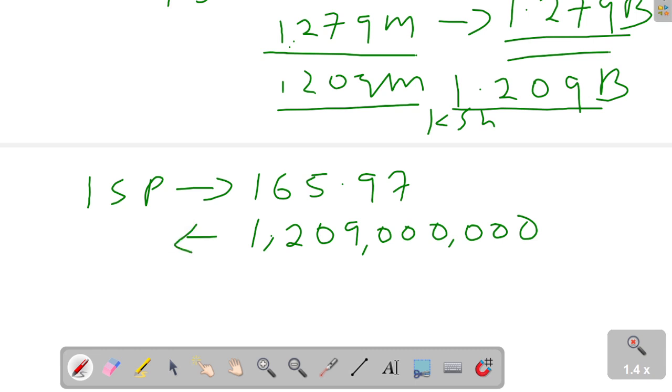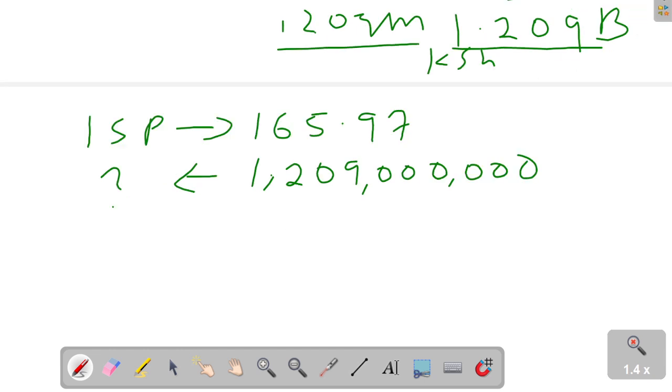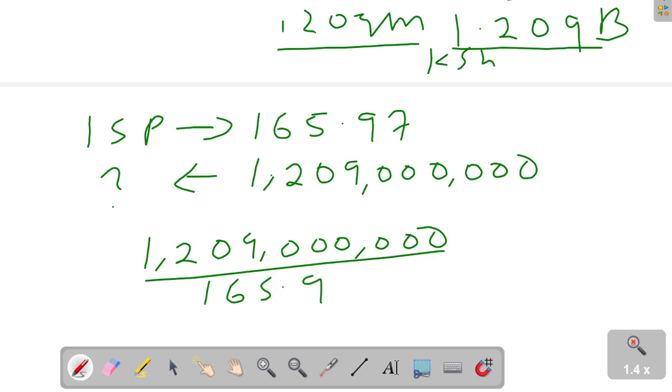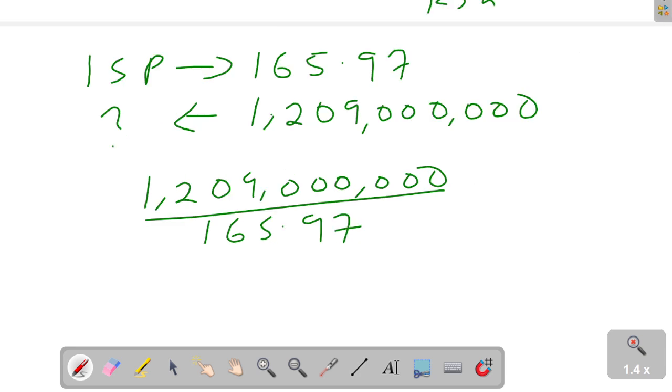Now, what about that? It is going to give us how many sterling pounds? So basically, that implies that we are going to take the 1,209,000,000 and divide by 165.97. And class, once we do that, we'll get 7,284,448.997, so basically we can round it off so that it is 7,284,449 sterling pounds.